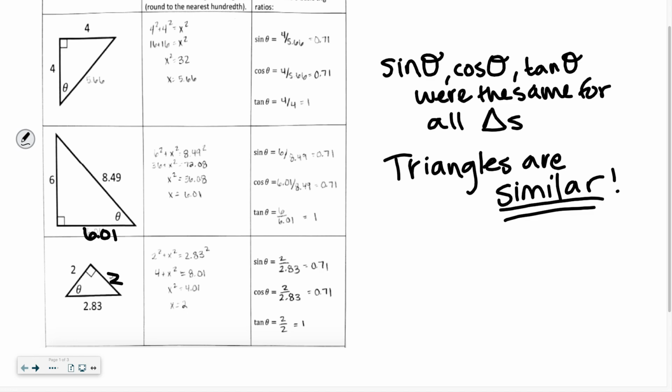Similar triangles means they're not exactly the same size and shape. That would be congruent. Similar means they're the same shape, but they're different sizes. You can see that in the first one, the 2 legs were 4. In the second one, that would be a larger triangle because the 2 legs are 6. And in the last one, the 2 legs are 2. That would be a small triangle.